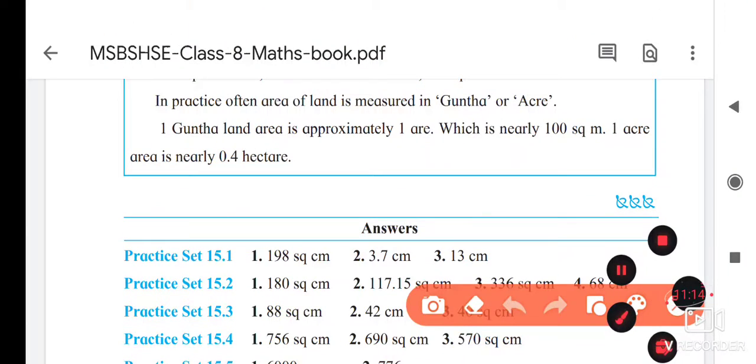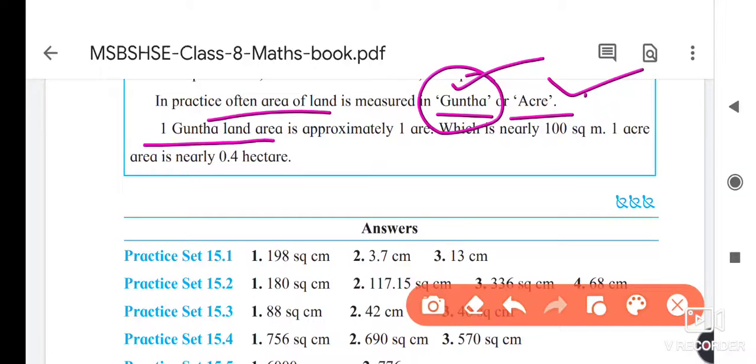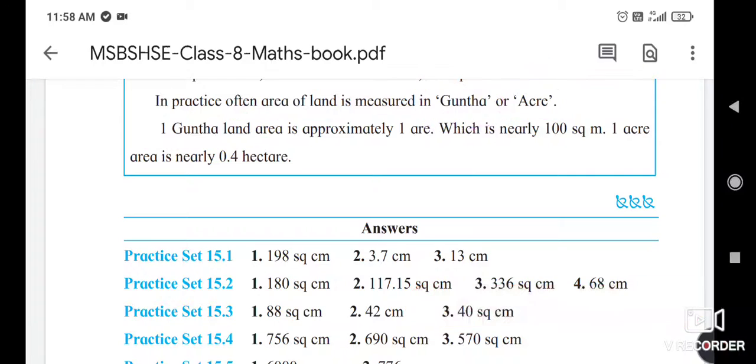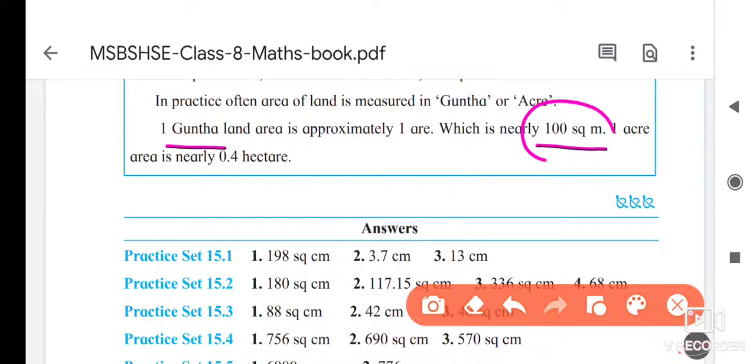The next point is that in practice, land area is often measured with the guntha and the acre. When we are purchasing land for construction, we use the guntha, and for farming we measure in acres. 1 guntha of land is approximately 1 R, which is nearly 100 square meters, not exactly but approximately.